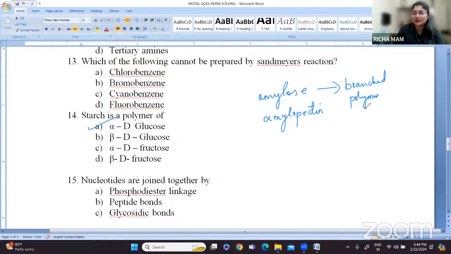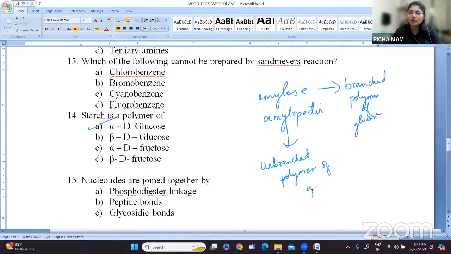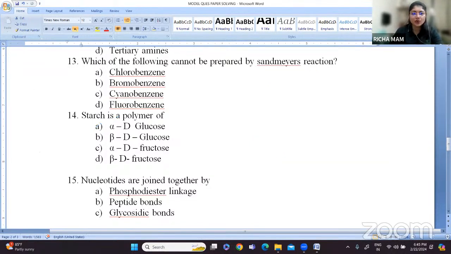Is it clear? These are the two components of starch, and starch is a reserve food of plants. Okay, fine. Moving forward, last question, MCQ question.